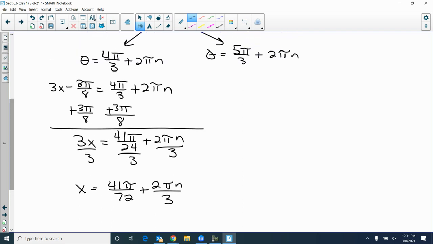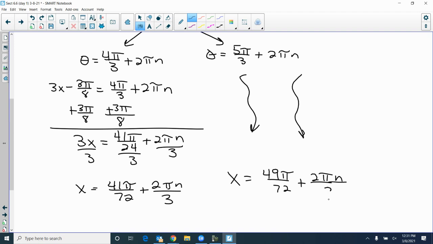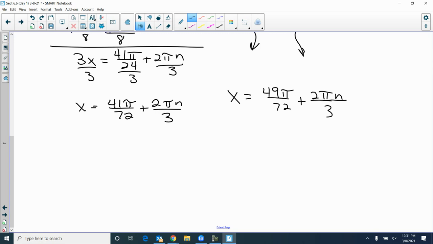Now the other one here, it's going to be similar to that. And I believe we get x equal 49 pi over 72 plus 2 pi n over 3. All right, if you don't get that, I'll have to come around and take a look. But those are your two answers.